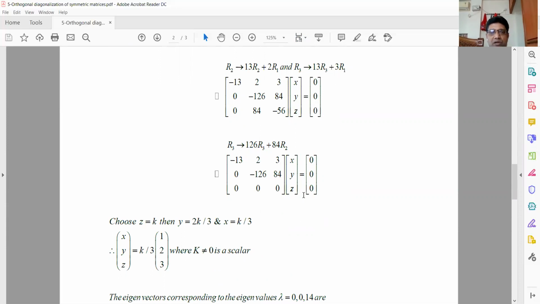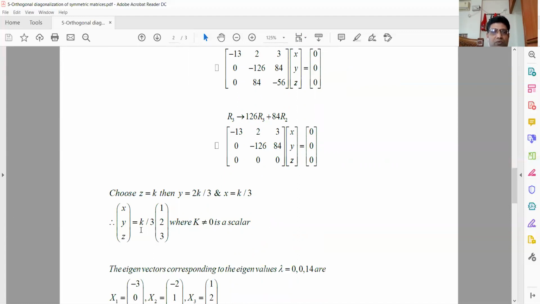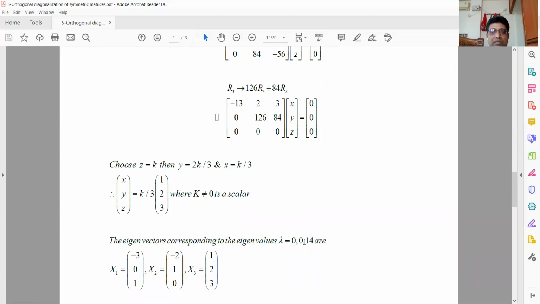Those equations are not written here because in the previous sections we have done this type of problem already, so I am directly taking the values of x, y, z. The third eigenvector we got is this one, where k is not equal to 0, a scalar. To avoid fractions, I will select k as 3. Therefore, I will get 1, 2, 3 as my eigenvector. These are the three eigenvectors we got for the eigenvalues.